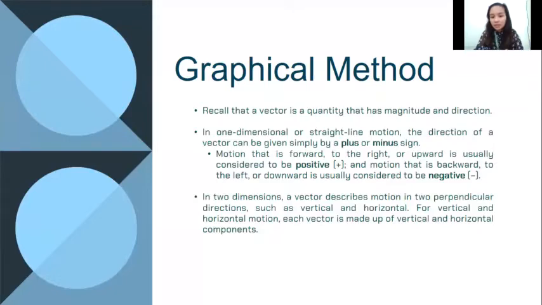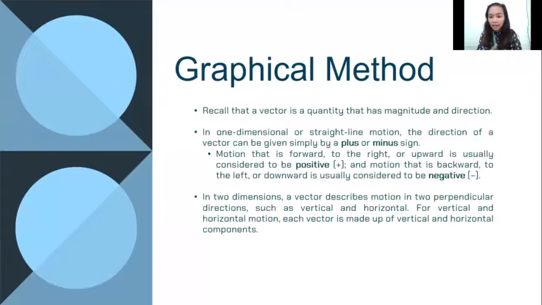So in one-dimensional or straight-line motion, the direction of the vector can simply be given by a plus or minus sign, or a positive or negative sign. So a motion in forward, going to the right, or in upward direction is considered as positive.